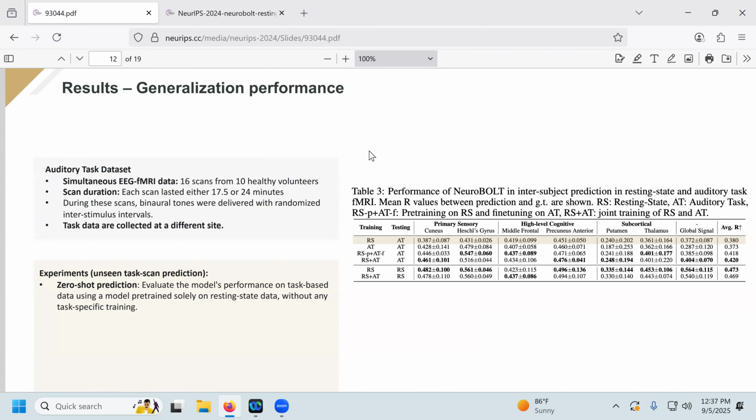EEG would actually detect everything, but in a mixed way. So we can build a forward model of neural activity in the cortex everywhere in the folds, and how it will reflect in the EEG and how it will reflect in fMRI.